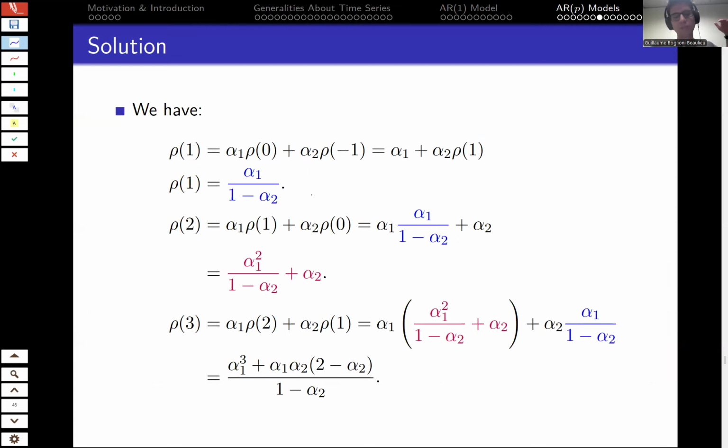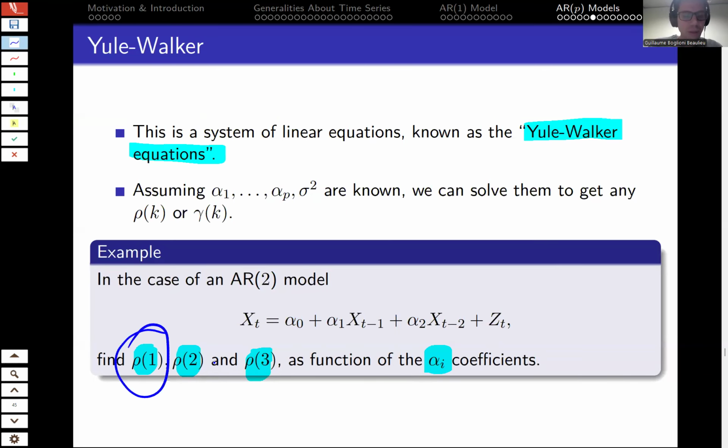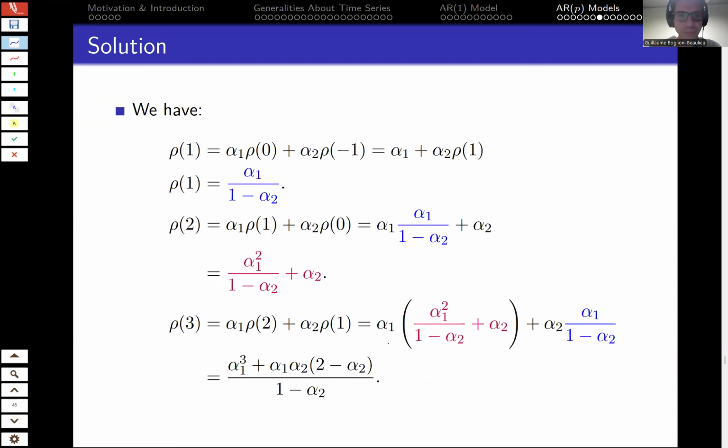It's really an iterative process. If you need to find rho 1, rho 2, rho 3, you start by finding rho 1, and then you can use that to find rho 2, and then you can use that to find rho 3. We illustrate this with this example. Rho 1, how do you find it?